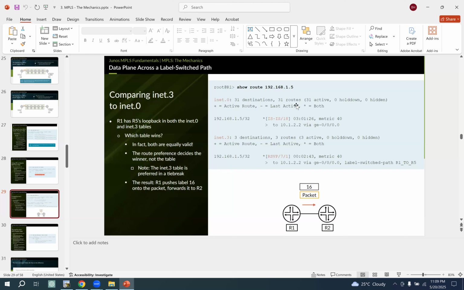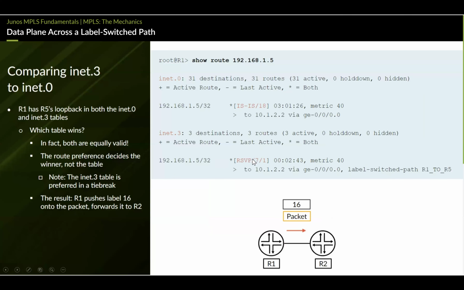I will show you in the lab in detail. Okay. So if you are checking one prefix, it can be a customer prefix or it can be an egress router loopback, and you are getting it in two different routing tables, INET.0 and INET.3.